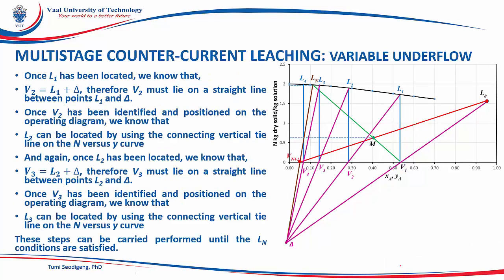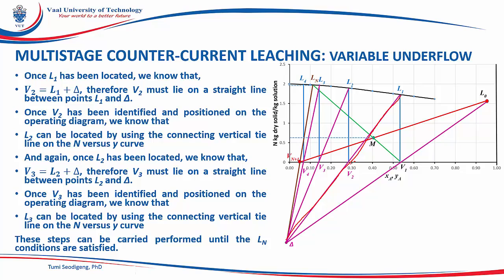Like we said, once L1 has been located, we know that V2 is equal to L1 plus delta. Therefore, V2 must lie on a straight line connecting L1 and delta. So V2 will be on the n versus x line, which is along the x-axis.